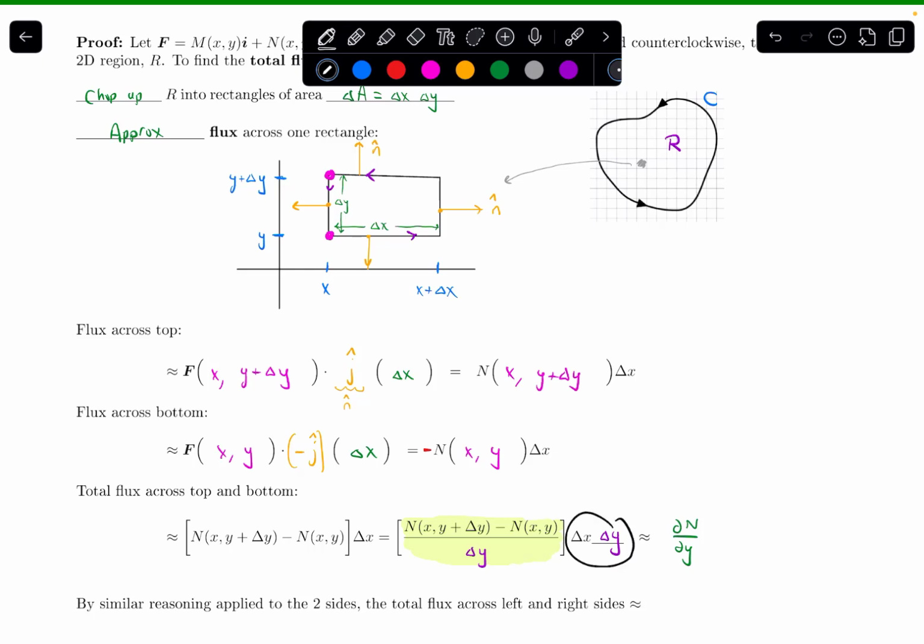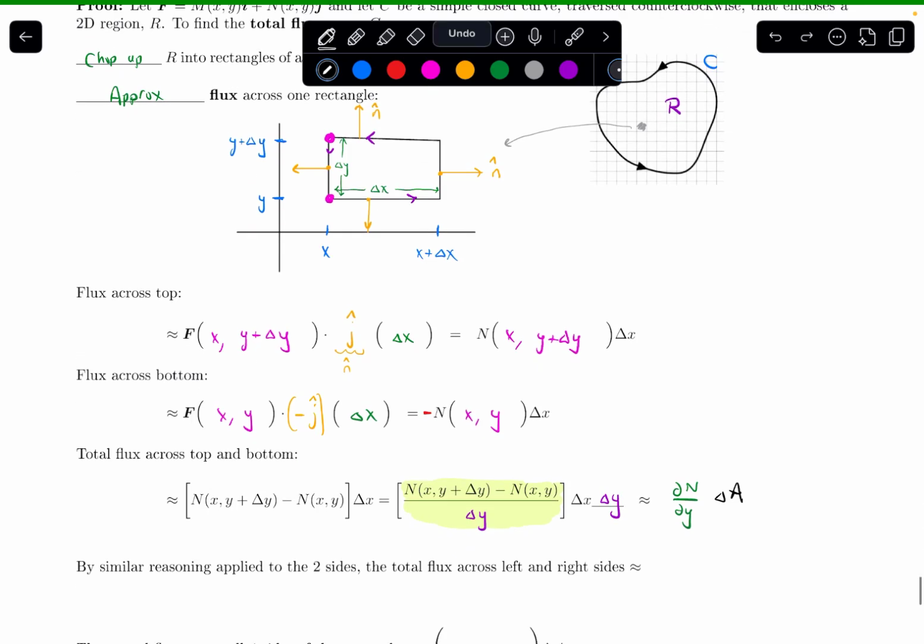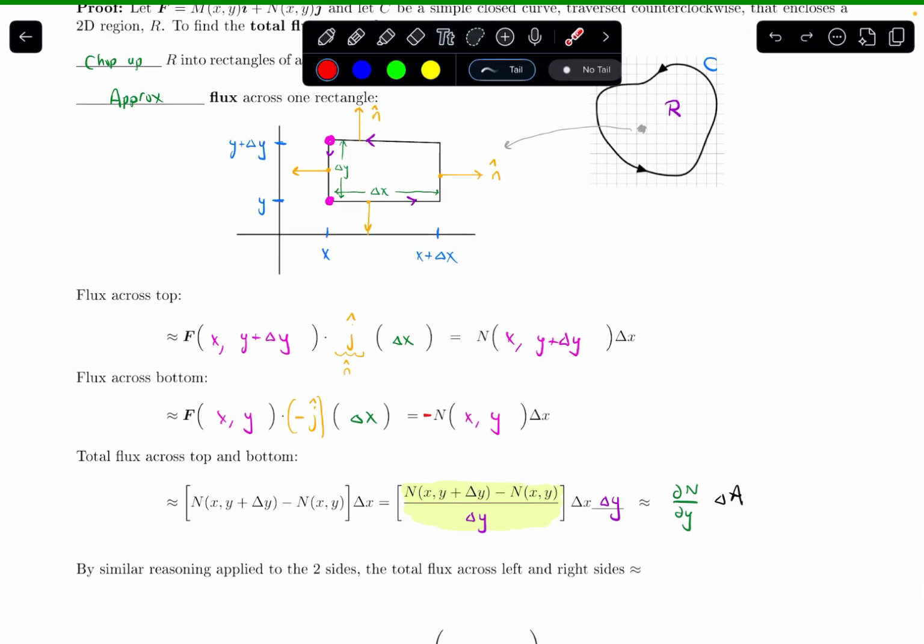And then delta x times delta y, when I multiply that base times that height, that's giving me the area. That's delta A, right? We said that earlier. Okay. And so this isn't exactly the partial derivative. To make it exact, I would need to do a limit in front, and later we will. But for right now, for our purposes, it's an approximation.